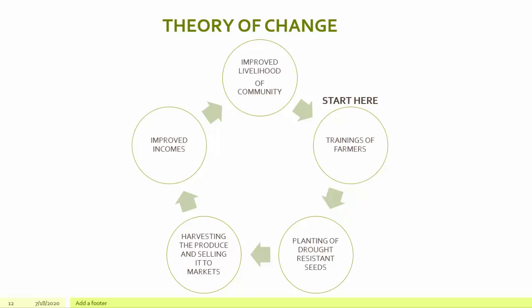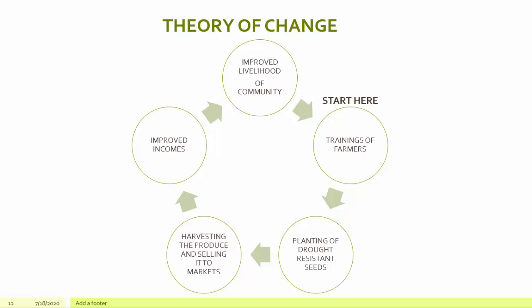So what does this do to the community? It does so many good things. Improved incomes mean better living conditions for the farmers. It also means they'll have better access to healthcare because they have more money. They'll have better access to housing and also education for their children. So that is really how these agriculture projects have been designed over the years.